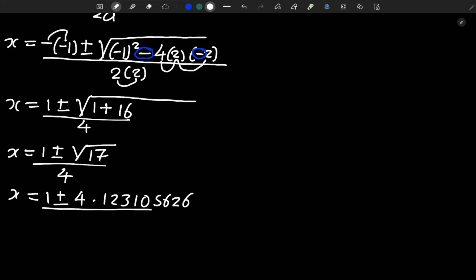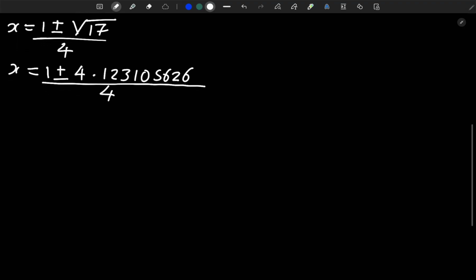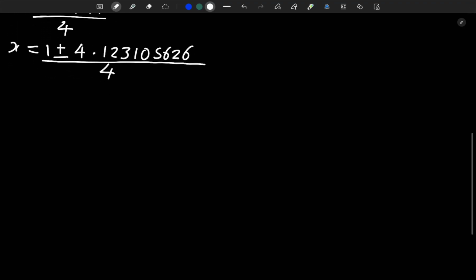So square root of 17 is equal to 4.123105626, divided by 4. Then at this point you need to now have two equations. So you say x is equal to 1.